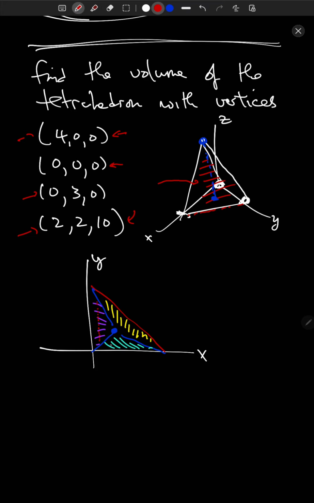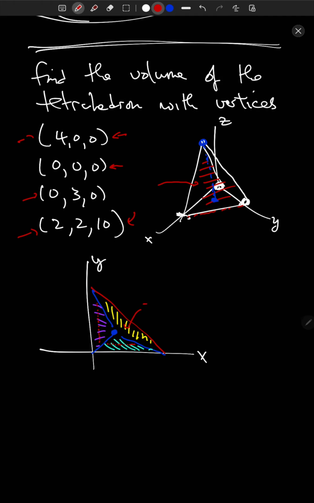And this cyanish panel down here, if you did it from here to here, you only need to do 1 integral. So altogether, it looks like the most efficient way to set this up would be 1, 2, 3, 4 integrals. Again, 2 integrals here. Okay, so a nice, interesting problem to try to set up.